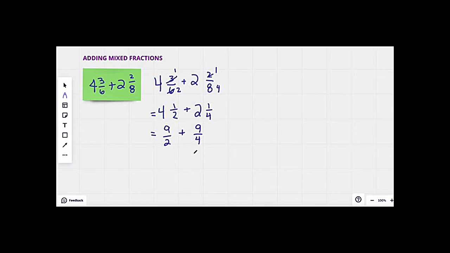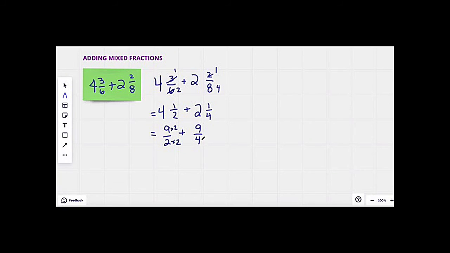And that number is 4, because 2 times 2 is 4 and 4 times 1 is 4. So both timetables actually have the number 4 in it. So we're going to multiply this 2 times 2, because that way we can actually get to the 4 that we need to have at the bottom. But whatever we do to the bottom, we need to do to the top.